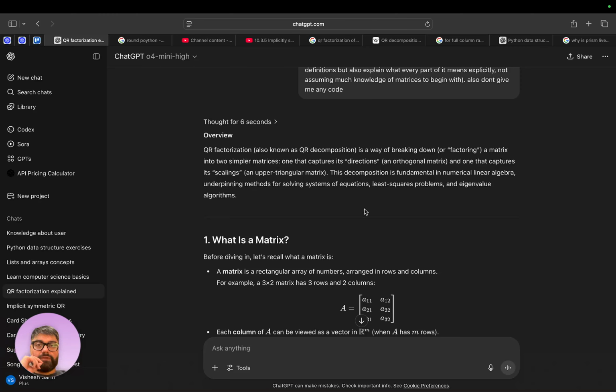So anyways, QR factorization, also known as QR decomposition, is a way of breaking down or factoring a matrix into simpler matrices that capture its directions and its scalings, right? So Q is the directions, the matrix of orthonormal basis vectors, and then R is our scalings matrix.